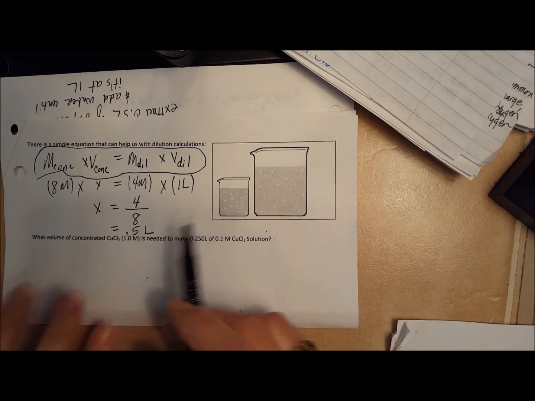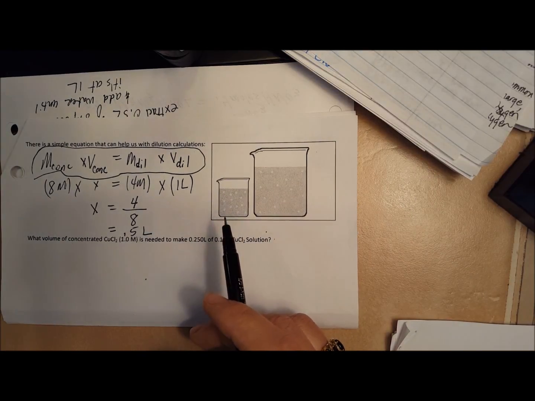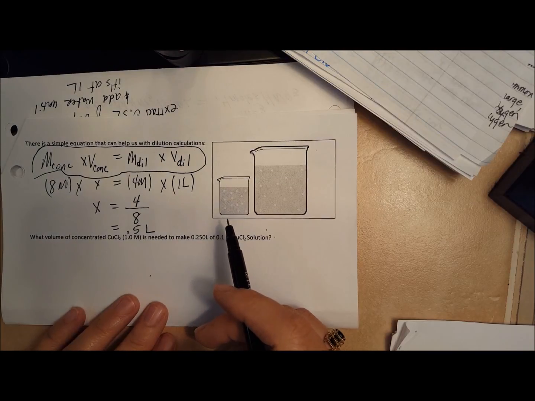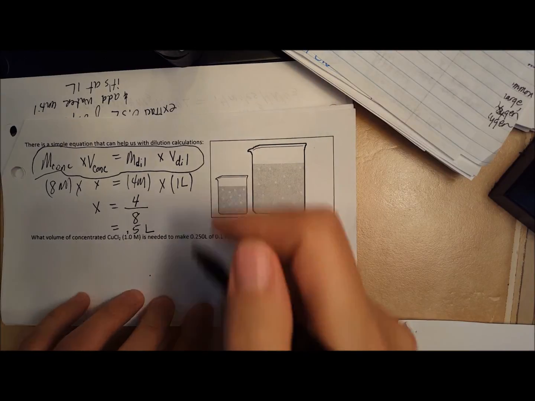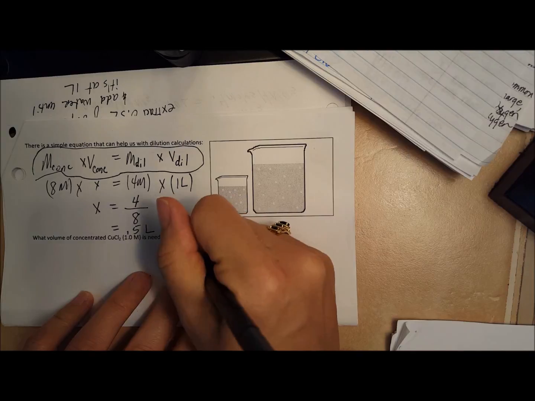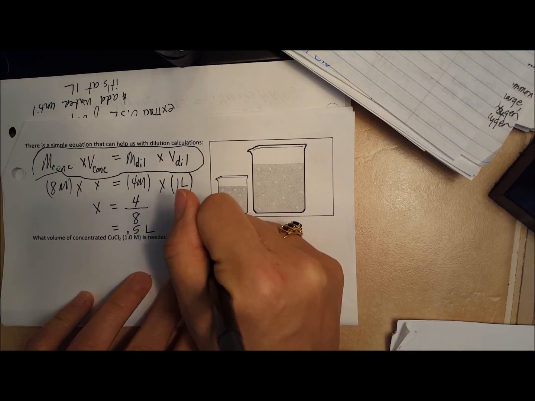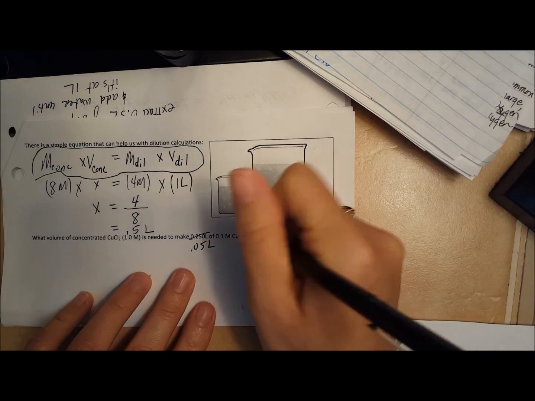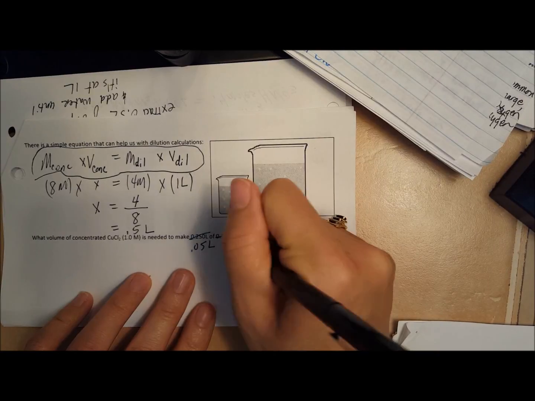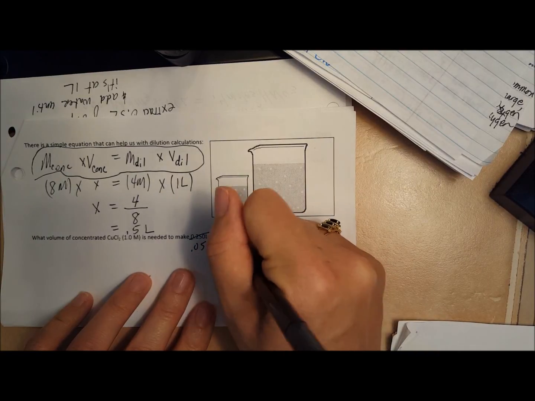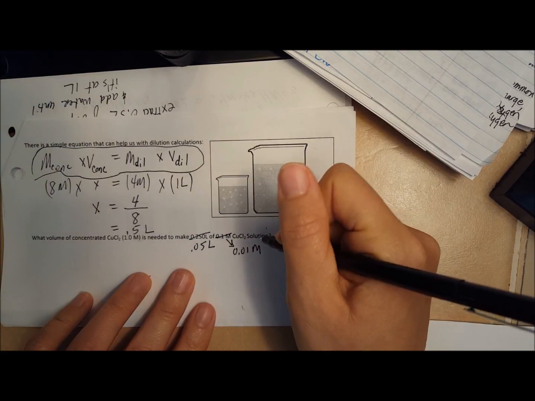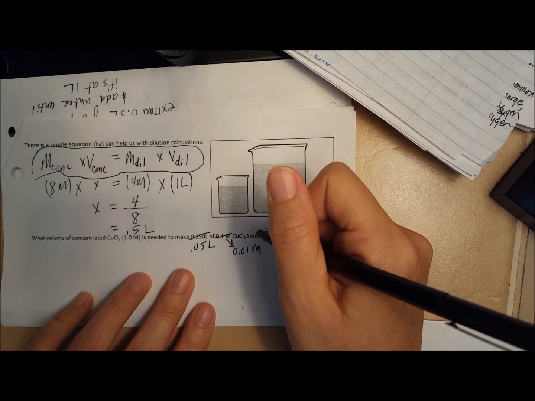Okay, so let's look at the next one. What volume of concentrated copper chloride is needed to make, and then you're supposed to cross this out, 0.05 liters of, and then you're going to cross this out, a 0.01 molarity solution.